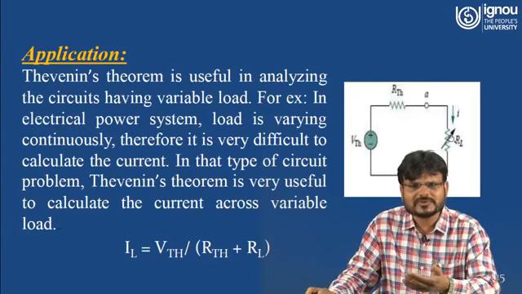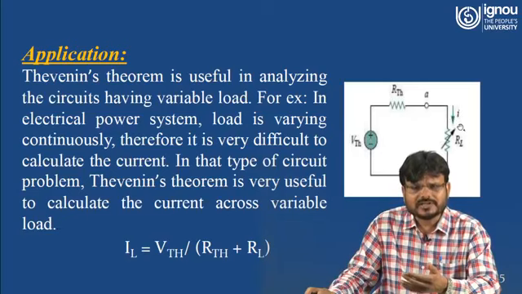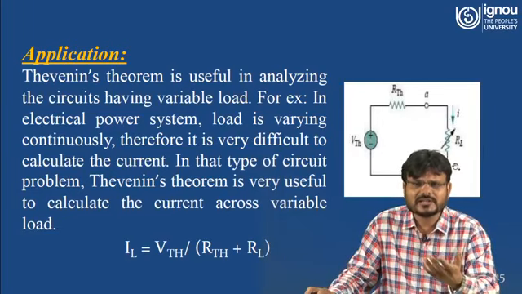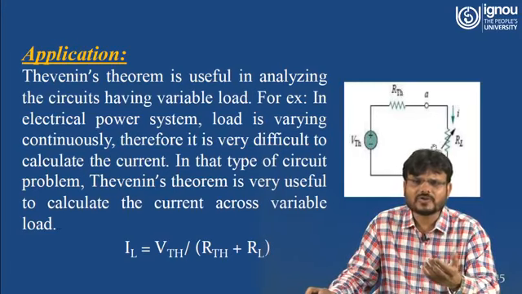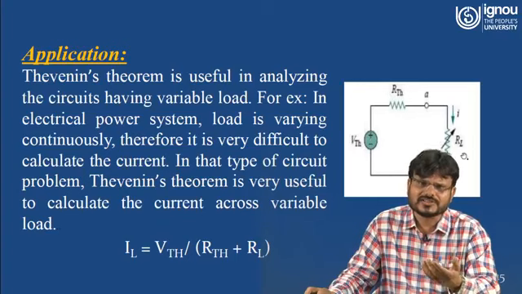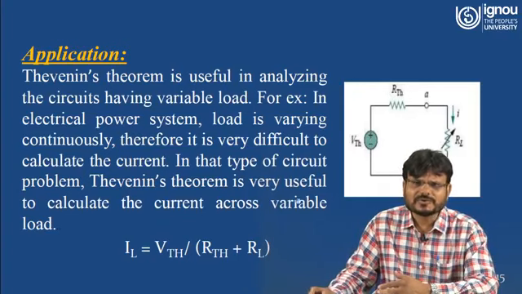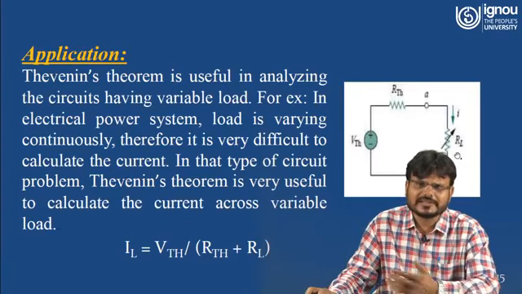The beauty of the Thevenin theorem is, if you want to calculate the load current for a variable load resistance, you just have to find the value of the Thevenin voltage and Thevenin resistance, and change only the load resistance. Like suppose you have to calculate the current IL at resistance equal to 5 ohm.